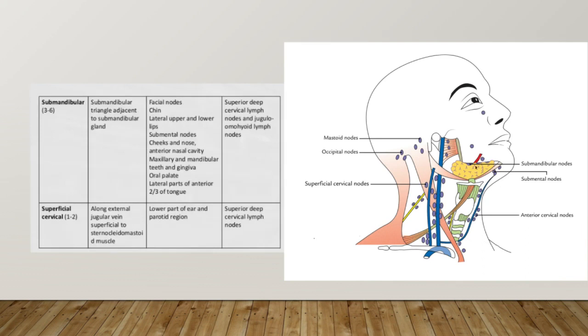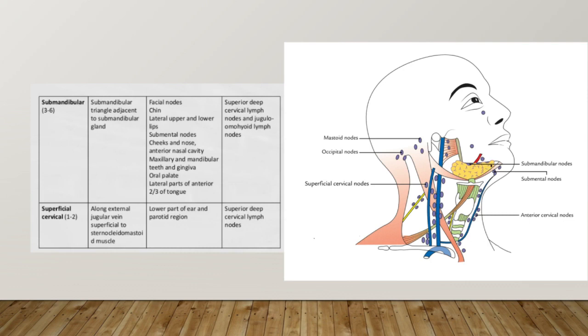The submandibular group of lymph nodes, which is usually 3 to 6 in number, is found in the submandibular triangle. This is the submandibular triangle here, and it lies adjacent to the submandibular gland, as you can see in this picture, the yellow colored submandibular gland.